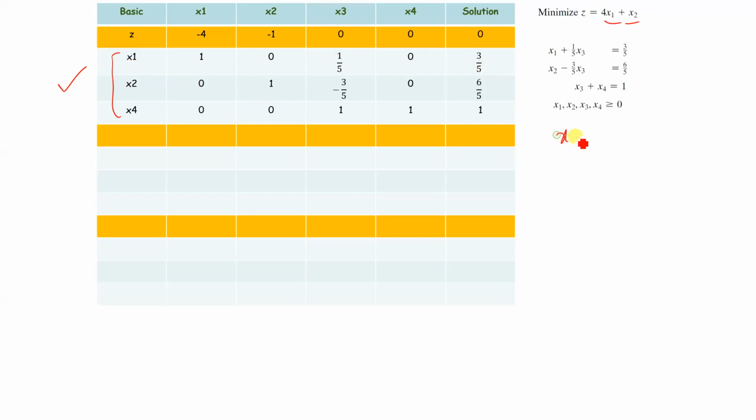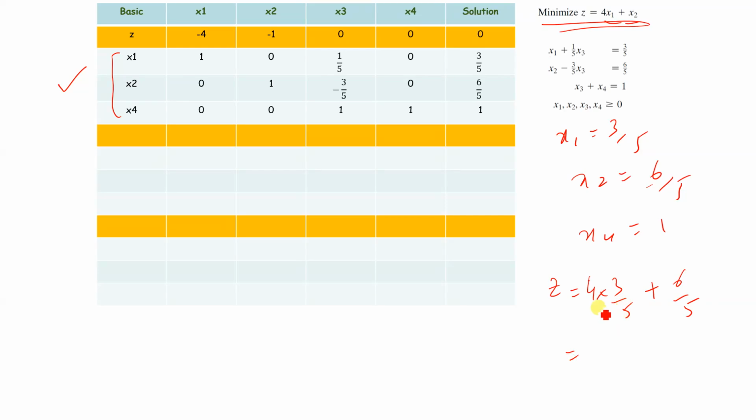We have x1 equal to 3 by 5, x2 equal to 6 by 5, and x4 equal to 1. Now this objective function depends upon x1 and x2. When we plug in these values, 4 times 3 over 5 plus 6 over 5, this leads us to z equal to 12 over 5 plus 6 over 5, that is equal to 18 over 5. But we have written 0 here, so it means the system is not consistent with these basic solutions.